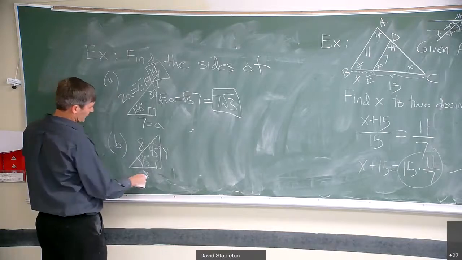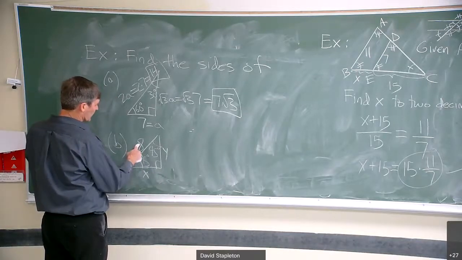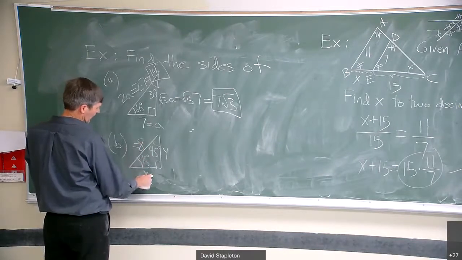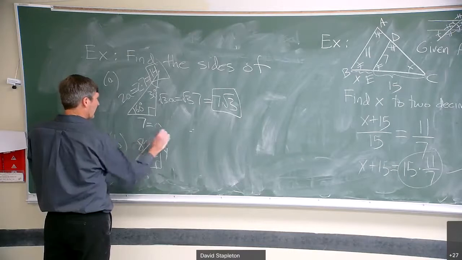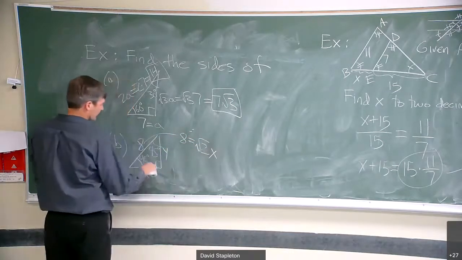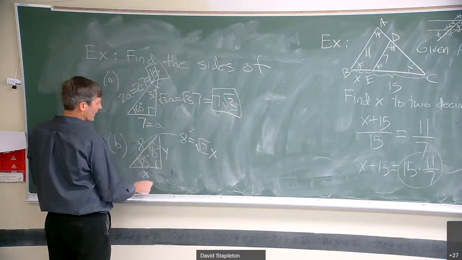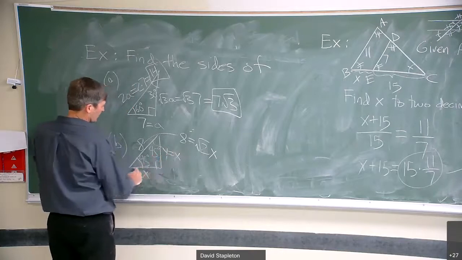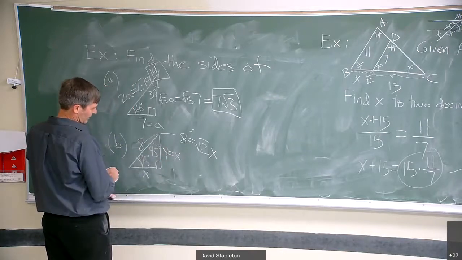Well, now what you do is you say, if this is A, then this is square root 2A. So instead of A, we call this X. We could say 8 is square root 2 times X, right? And then this one has to be equal to X also, since it's a 45, 45, 90 triangle, it's isosceles.